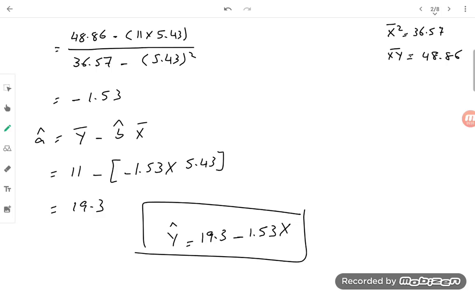From this equation, we can interpret the results as follows: this equation studies the relationship between x and y, where y is the dependent variable and x is the independent variable. If x equals 0, y will be 19.3. If x increases by 1 unit, y will decrease by 1.53 units.